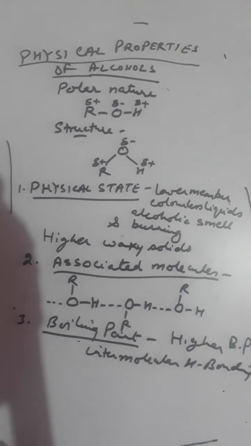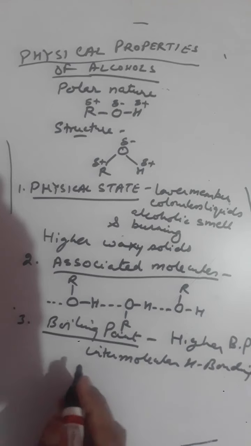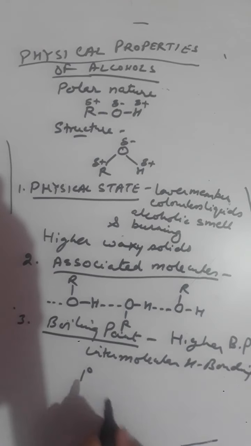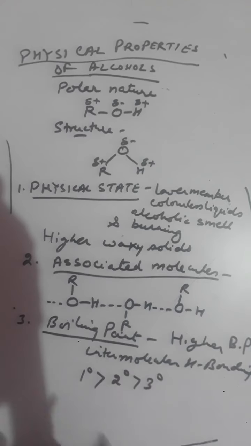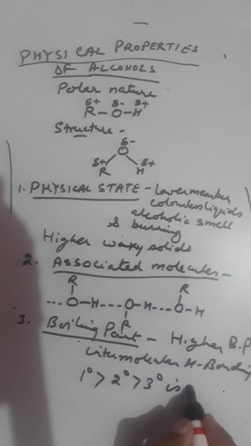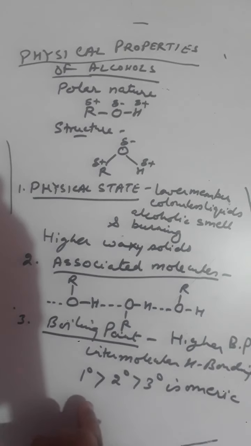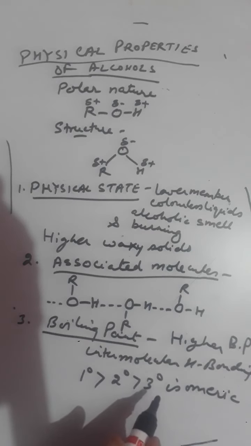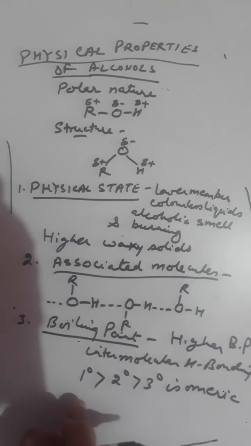And for the isomeric alcohols, their order of boiling points will be that primary will have more H bonding compared to secondary, compared to tertiary, and this is the order of the boiling point in the isomeric alcohols, and this is because the primary alcohols will have the presence of H bonding to more extent as compared to secondary and tertiary, due to which their boiling point will be more.